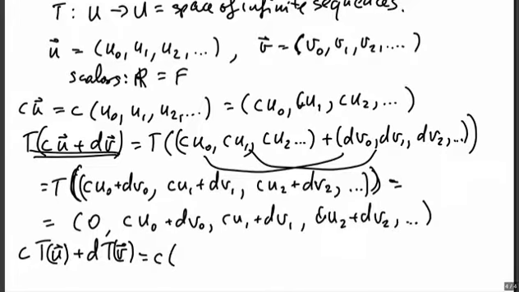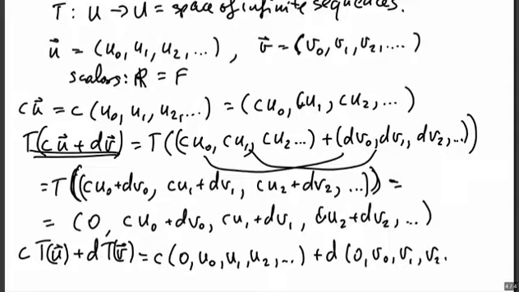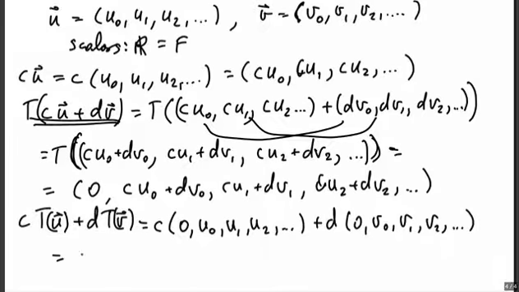So we have the effect of T on u: 0, u0, u1, u2. Then d times the effect of T on v: 0, v0, v1, v2. Then we add together. Well, first of all, we multiply through, and then we add together.